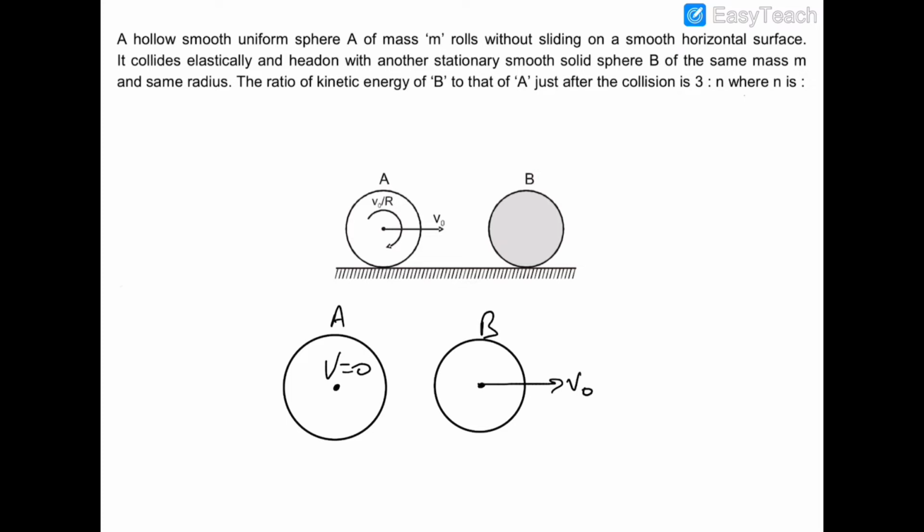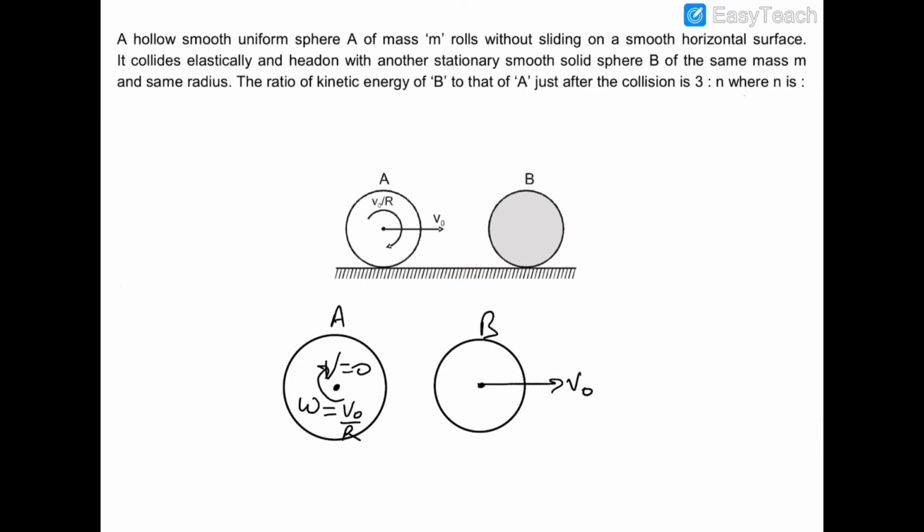Now this sphere A would be rotating with angular speed omega, which is v naught by r, because there is no friction acting on A which would decrease or increase its angular velocity.